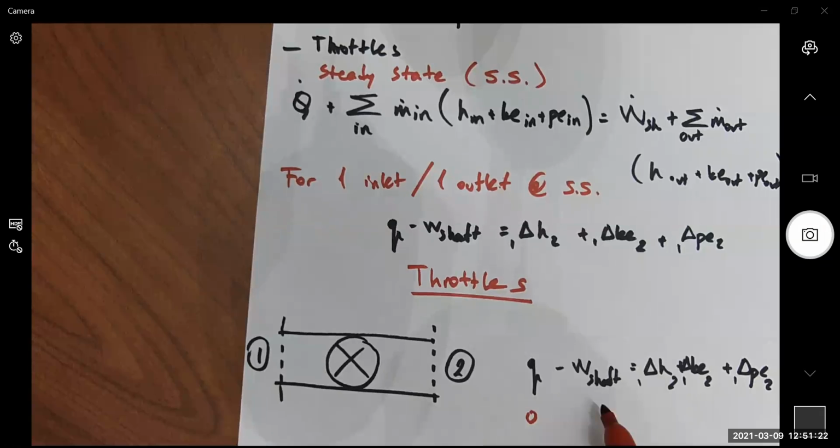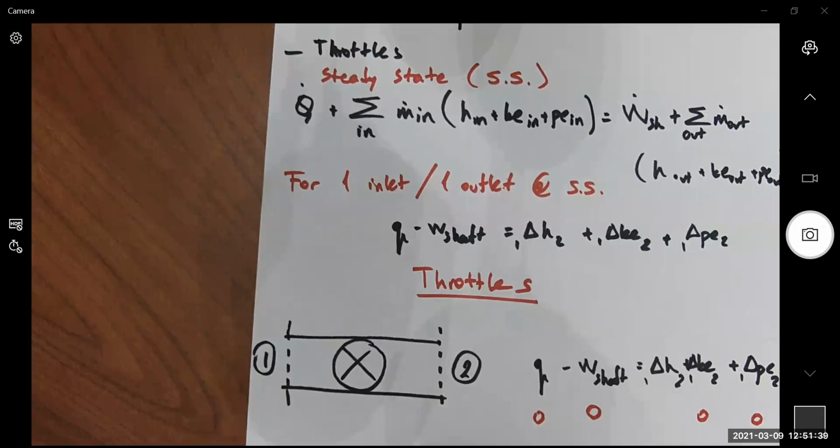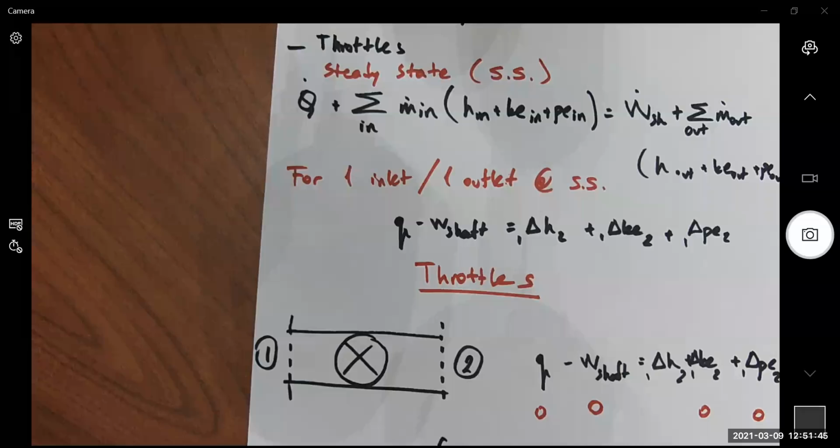There's no shaft in the throttles, and kinetic energy and potential energy difference are negligible, almost 0. So what we have left is, therefore, delta H is 0.